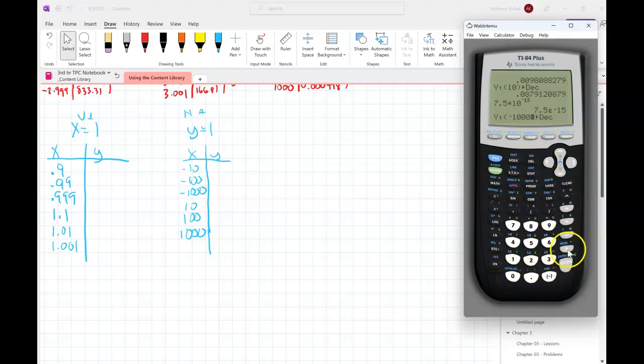And then negative 100, and then negative 10.